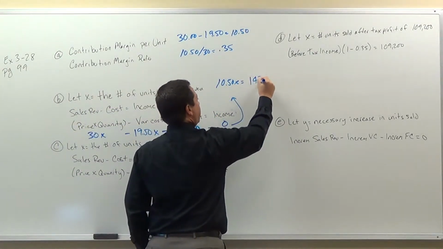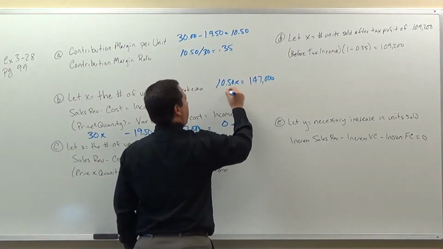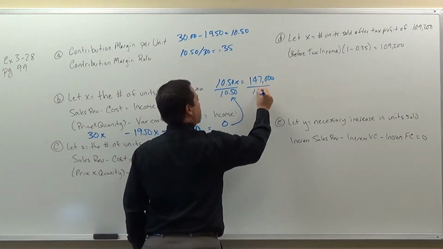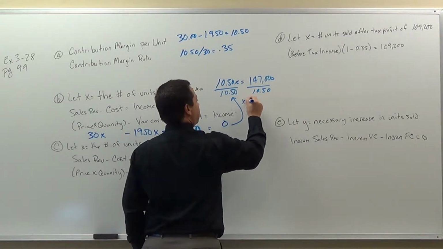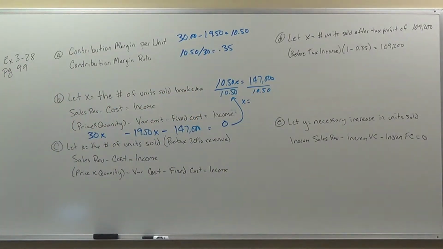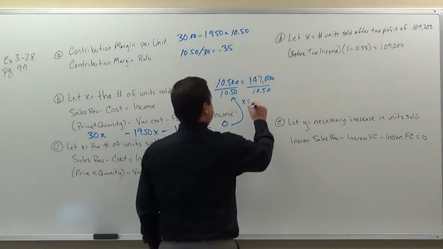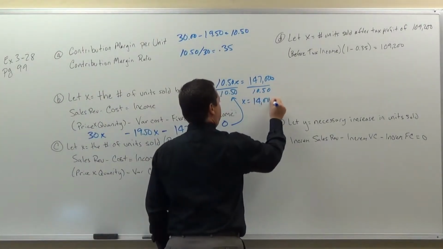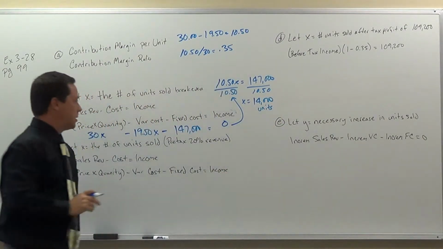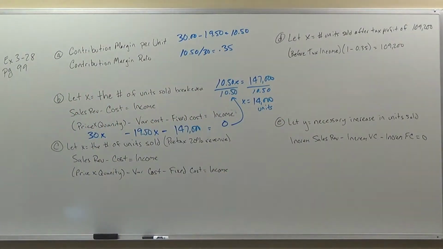So it brings it over here. And then I will divide both sides by $10.50. And that will give us our answer. Then our answer you should come up with is 14,000 units. That's how many it would take us for break even.